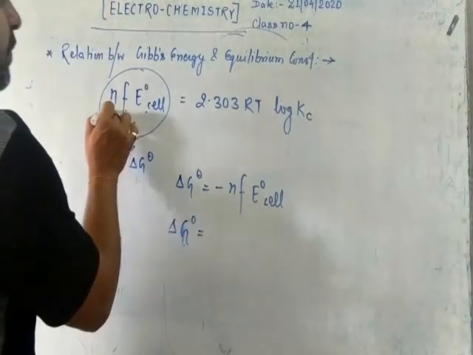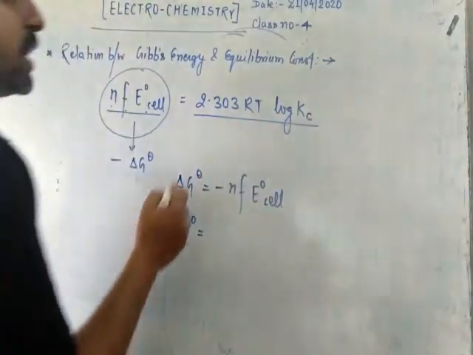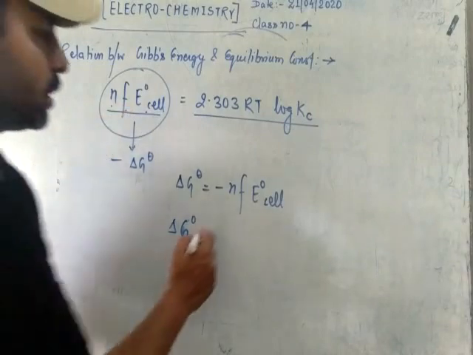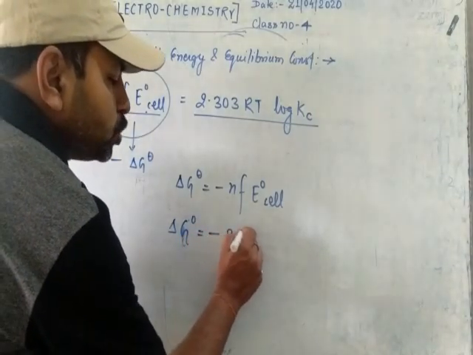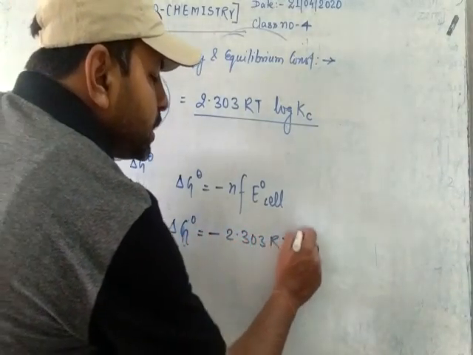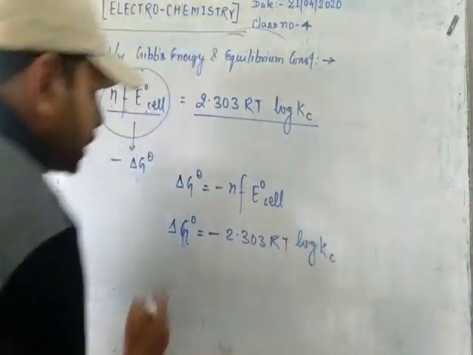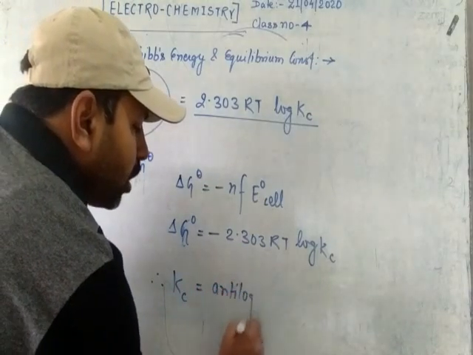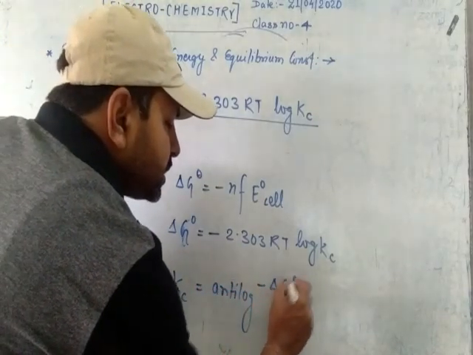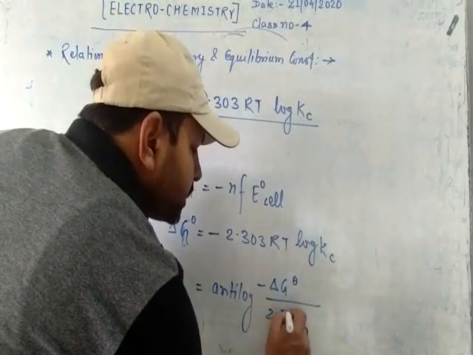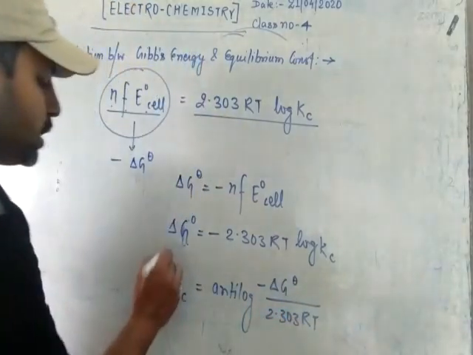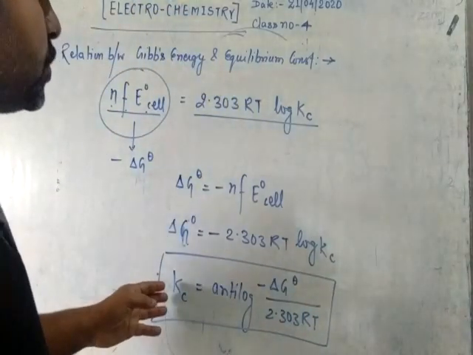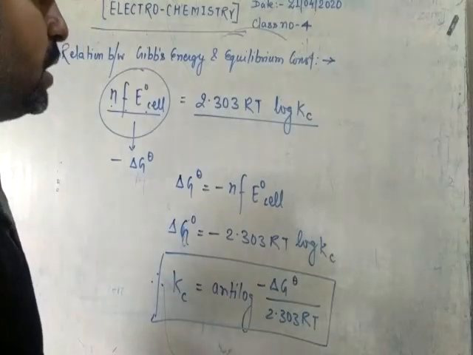We also write that if nFE0 cell and 2.303 RT log Kc are both equal, then in place of nFE0 cell we write minus del G standard, and to calculate Kc we use log Kc equals minus del G standard by 2.303 RT. This is the formula to calculate the equilibrium constant with the help of Gibbs energy.